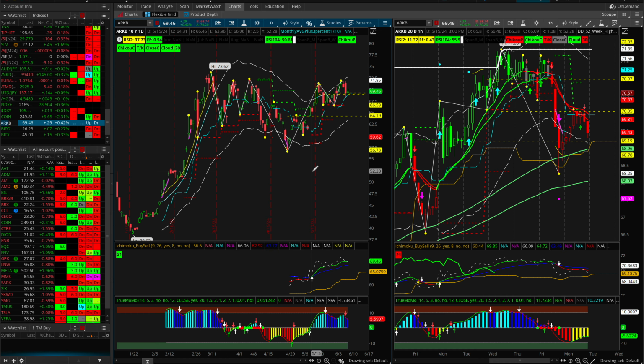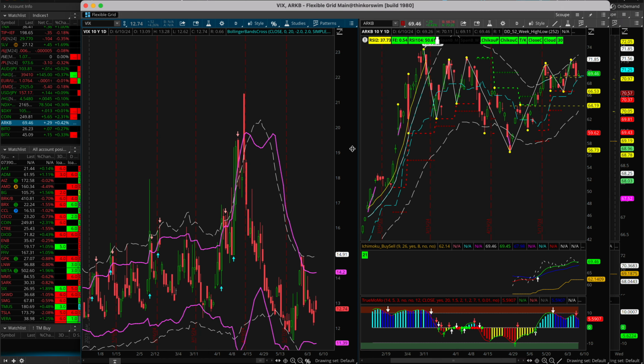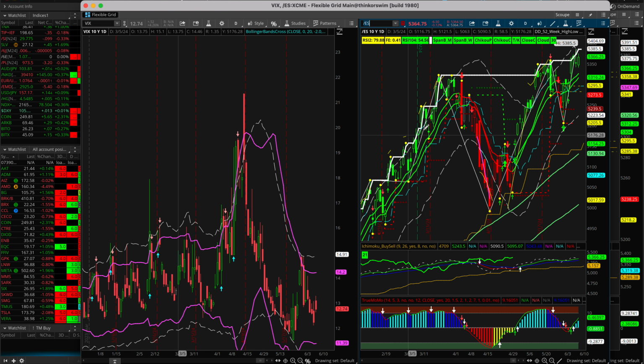So I'm going to diverge a little bit here. We're going to look at the VIX. We're going to put the ES back here. So the VIX is back in the low zone between the Bollinger Bands, and this is the daily chart of the ES.